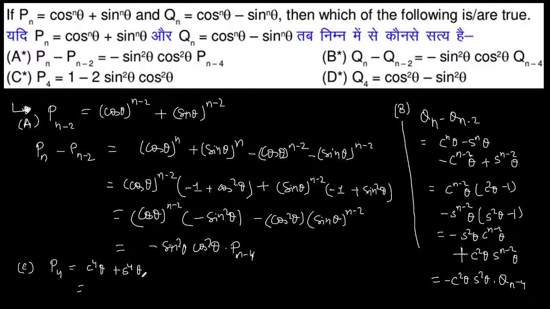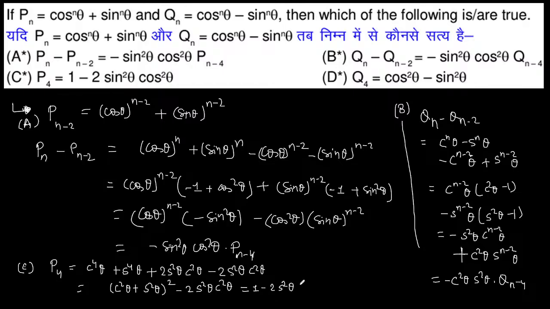It is nothing but if we add 2 sin square theta cos square theta and subtract 2 sin square theta cos square theta, this will become sin square theta plus cos square theta whole square minus 2 sin square theta cos square theta. This could be written as 1 minus 2 sin square theta cos square theta. So this is option C.